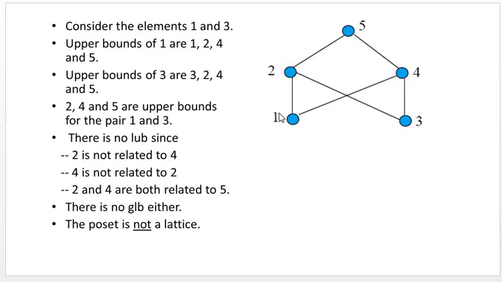But there is no least upper bound, since 2 is not comparable with 4. 2 and 4 are both comparable with 5. There is no greatest lower bound, so this is not a lattice.